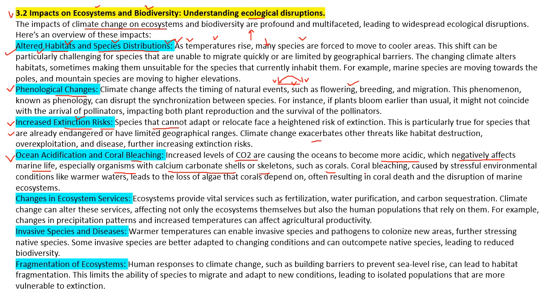Coral bleaching is caused by stressful environmental conditions like warmer water, and it leads to the loss of algae. The corals are dependent on algae, so if algae decrease, it will directly affect the corals and result in coral deaths and the disruption of the marine ecosystem.